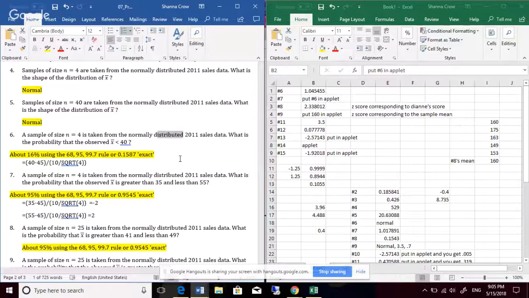It should be the X with a bar on top minus the little mu sign, and then divided by the standard deviation divided by the square root. Did you say the sample mean formula?